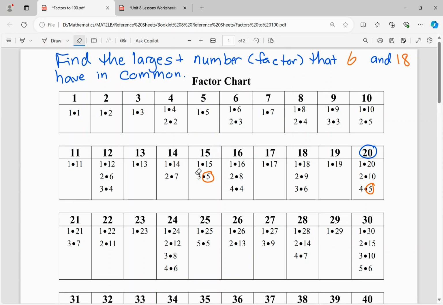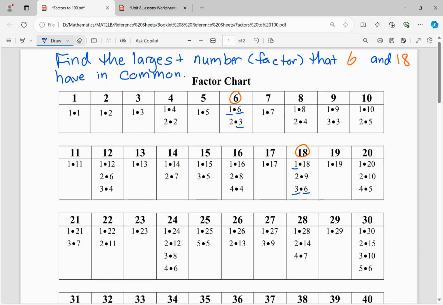So let's get rid of our old work. Let's find the numbers 6, which is over here, and 18, which is over here, and let's compare what they have in common. They both have a 1, they both have a 3, and they both have a 6.